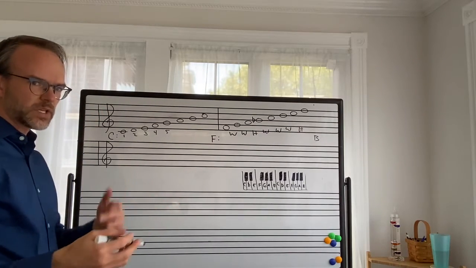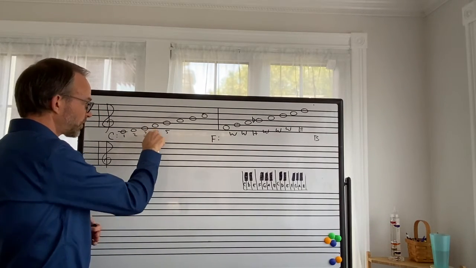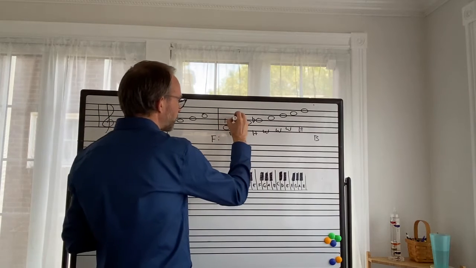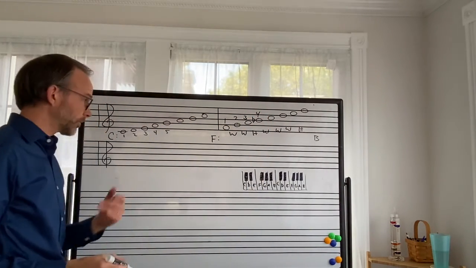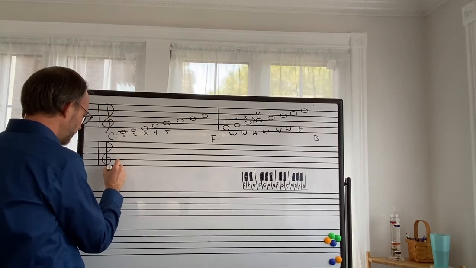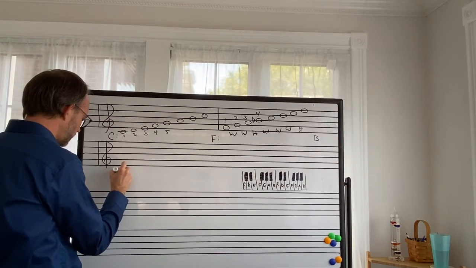Let's do all of those same things. Remember, we went up to the 4th scale degree. So what is the 4th scale degree here? The new note, B flat. I'm going to put it with this ledger line down here.